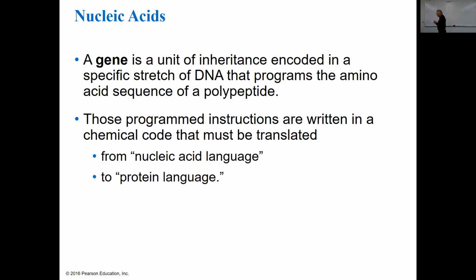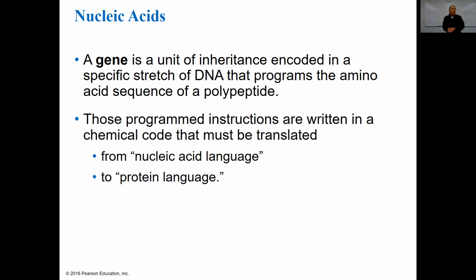So a gene, unit of inheritance, is encoded in a specific stretch of DNA that programs the amino acid sequence of a polypeptide. Amino acid sequence, what amino acid goes in what order to make a particular protein. Right? Those program instructions are written in a chemical code that must be translated from the nucleic acid language to the protein language.